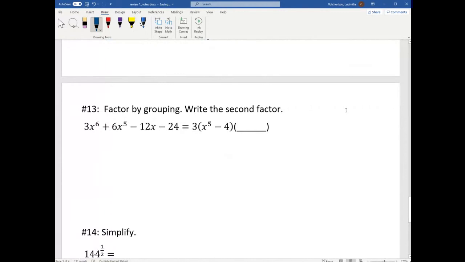The next problem, factor by grouping. So the first two factors will be already there. You must find the last factor and type it into the blank. So in this example, you see that all four numbers are divisible by 3, so you can factor out 3.